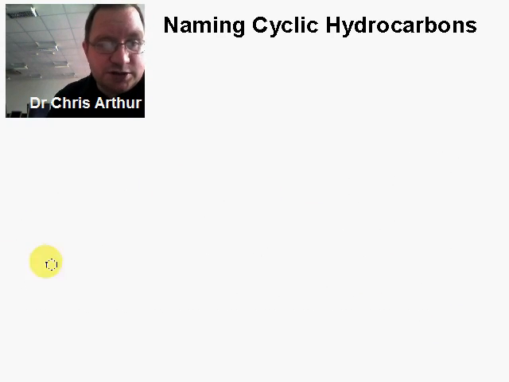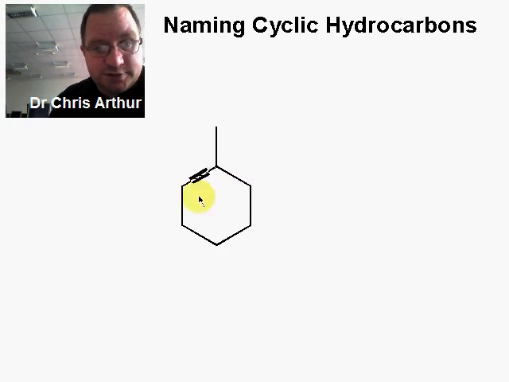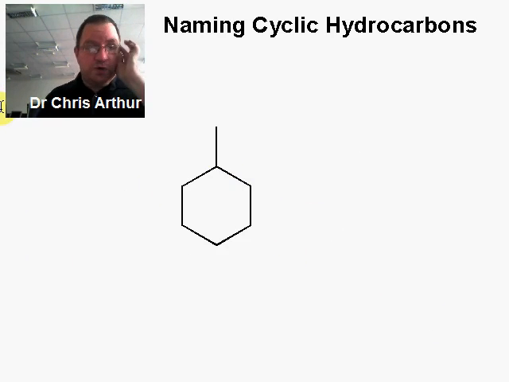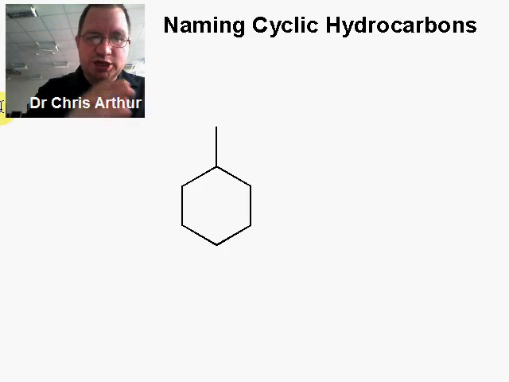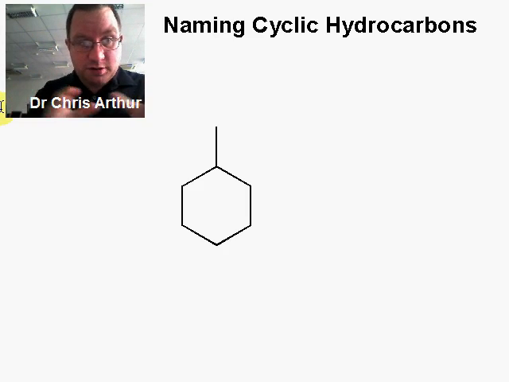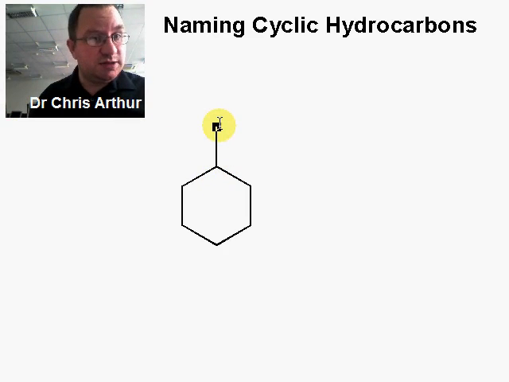The next thing we're going to do is add a branch to this. Now, whereas before we were numbering from the end of the chain so we could get the length of it, now if we put one group on this, that position is taken to be the first position. It's taken to be the first carbon.